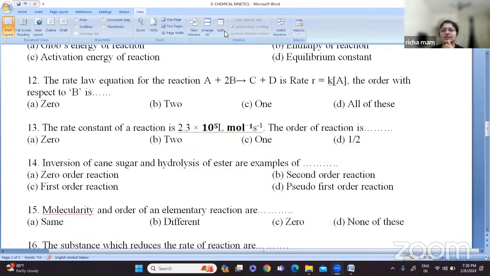Yes, Usha has also answered it right. Yes, it is 2. The order of reaction is 2.